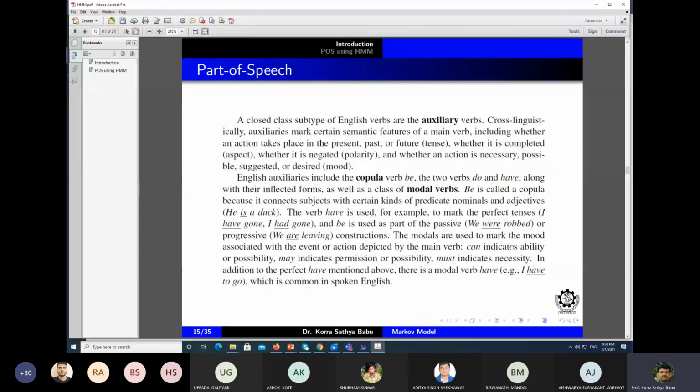I have spoken already I, so what will be the next word, or what is the next part of speech? Then there can be a verb, right? I can. Whatever may be the form of the verb, but I can, I am, I have, I will. It can be a verb. It can be something like an adverb or like this.